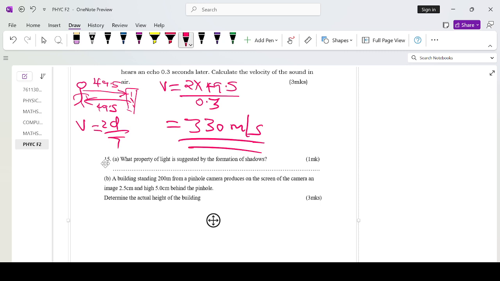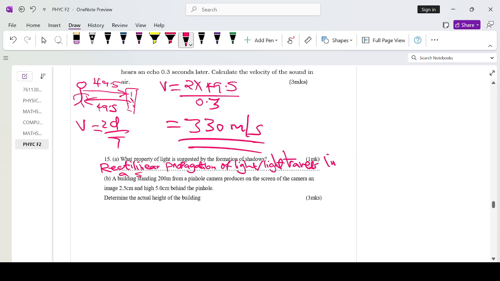So the property can be rectilinear propagation of light, or light travels in a straight line. It can also be that property. Light travels in a straight line.